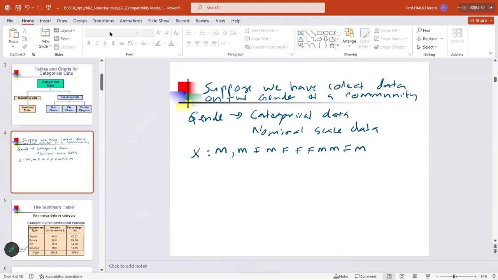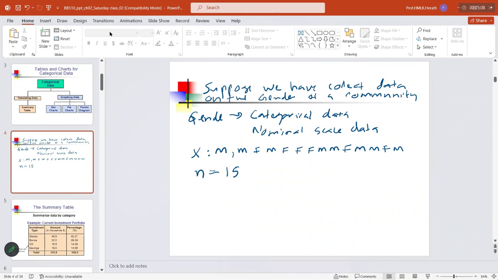You may have collected data like this. And again, male, female, male. How many data points do we have here? 1, 2, 3, 4, 5, 6, 7, 8, 9, 10, 11, 12, 13, 14. The sample size here equals 15. So this is a sample size.